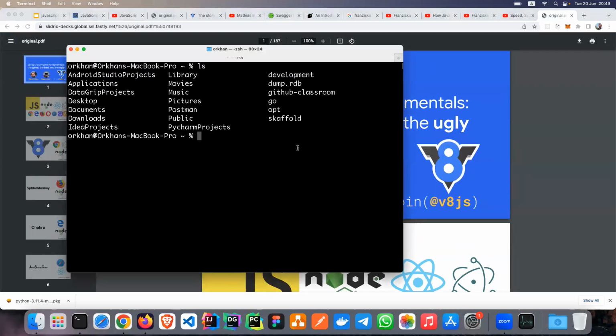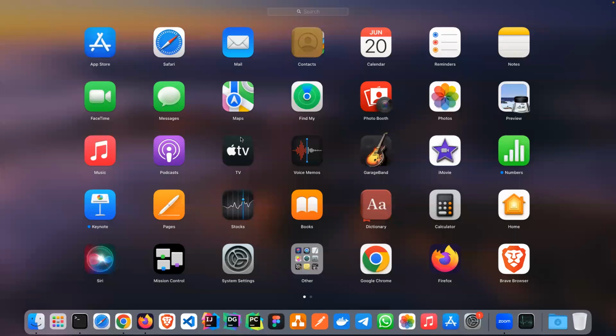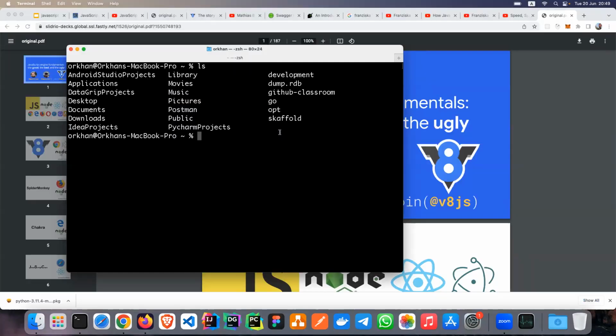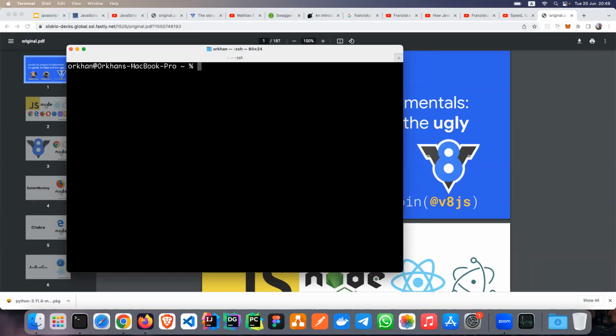Okay. So if you have Python installed on your system, then you can open terminal or CMD. I think you all know how to open it. On your terminal, if you write Python, on Mac you will write Python 3.